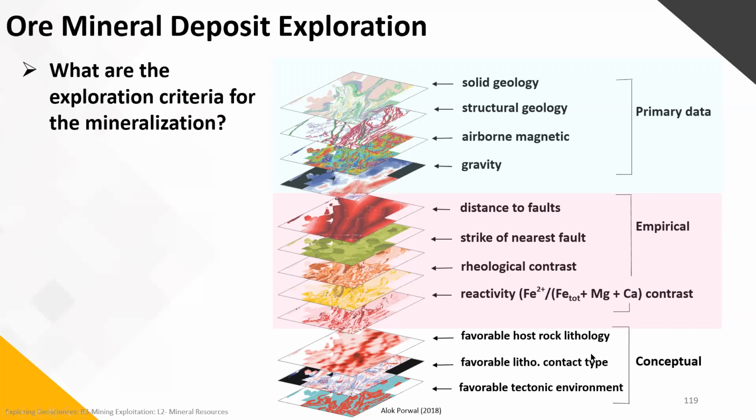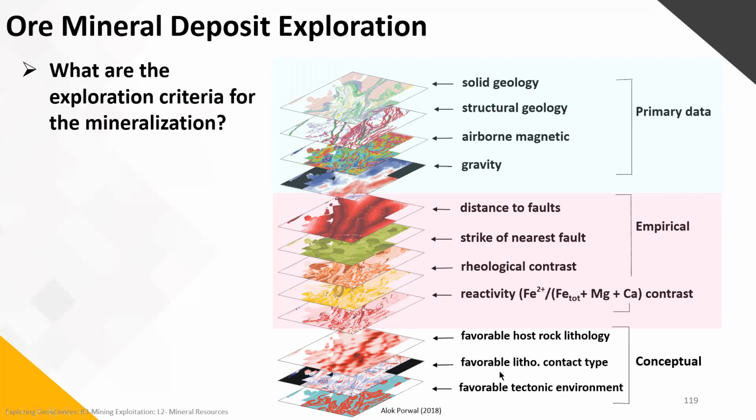And the favorable potential maps, like here, the examples are for the favorable host rock lithologies where we think we have the most chances to have the formation of an ore mineral. So this will pinpoint the main areas and leave out the other areas.